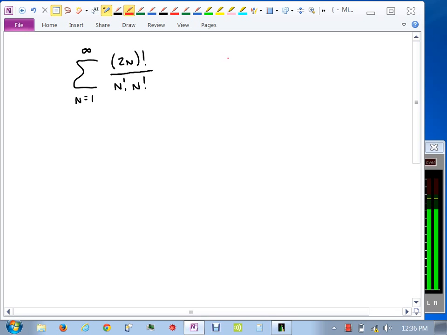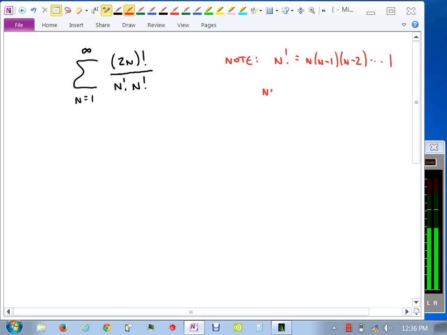Now, before I start this, I want to make a note. We know that n factorial was equal to n times n minus 1 times n minus 2, and you do that all the way till you get down to 1. That's what n factorial meant, right? So 5 factorial, 5 times 4 times 3 times 2 times 1.